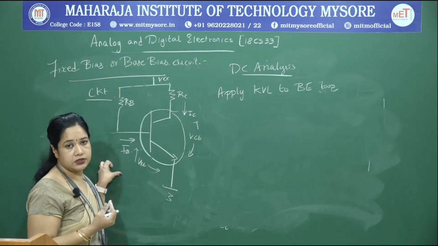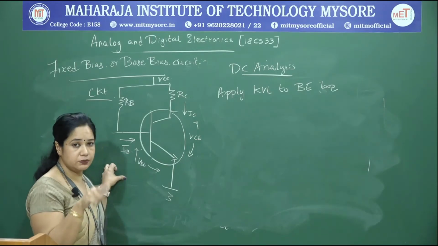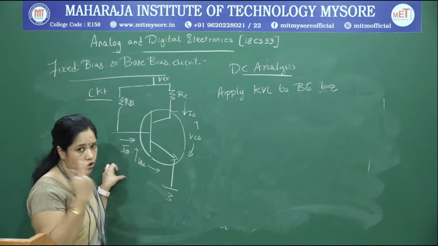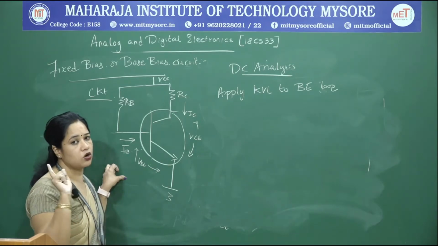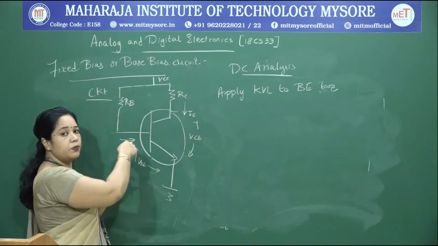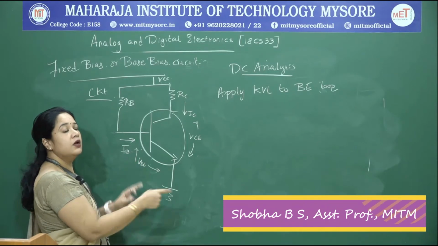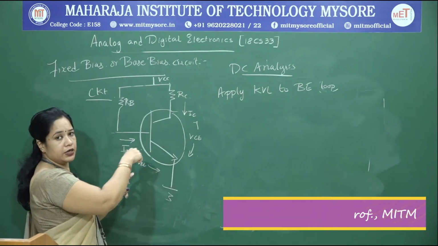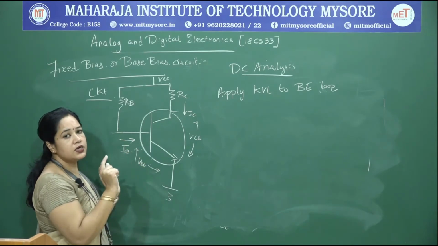According to KVL, in a loop, the algebraic sum of all the potential sources plus the voltage drops is always 0. So, we need to go across the loop, see what all the voltage drops are, take their algebraic sum plus all the EMFs or electromotive forces present in the loop, and those two sum up to 0.